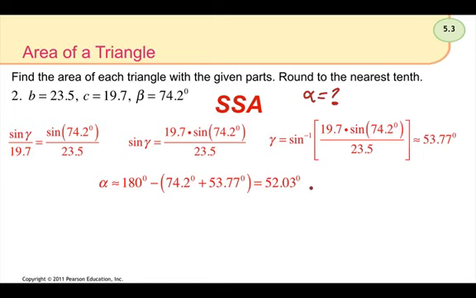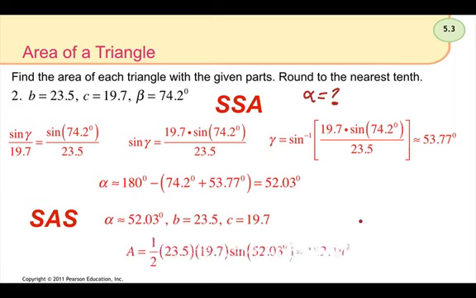Now that I have my side, angle, side, all I need to do is plug the information into the formula that we used for number 1, and this is what we get as our answer: 182.4 square units. Let's go to the next slide.